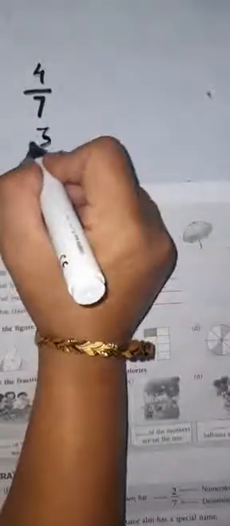So the question number A is asking what fraction of the umbrellas are open. Now count the open ones. 1, 2, 3, 4. 4 parts are open. Now what fraction of the umbrellas are closed? 1, 2, 3. So 3 out of 7 umbrellas are closed. What fraction of the umbrellas are striped? So striped, it means like this.